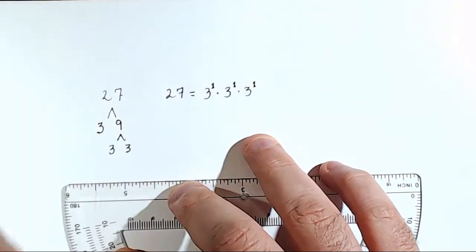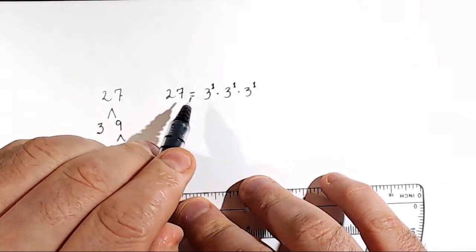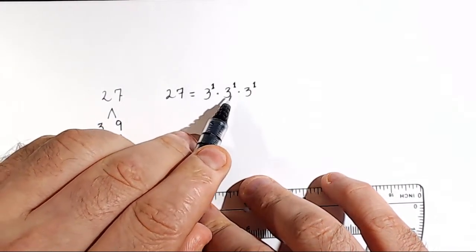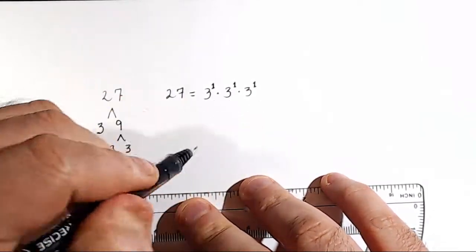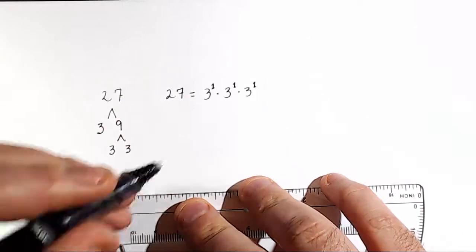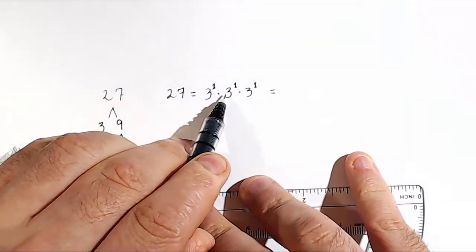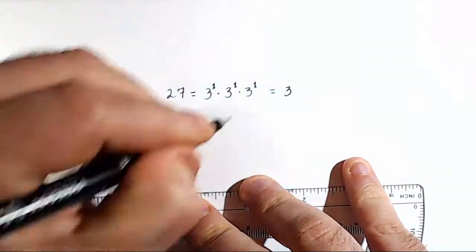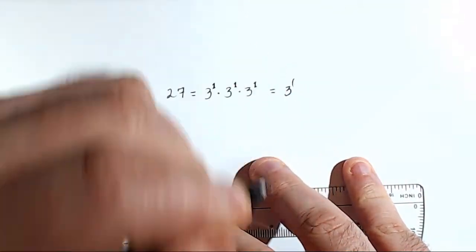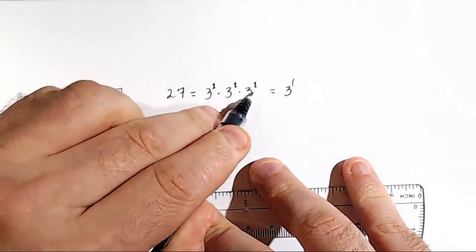And that is very important when you are multiplying bases. So this 3 is called the base. And when we multiply them together, you add the exponents. So here's how you do this math. You just rewrite the base, and then you raise that base to the power of the sum of the exponents in the product.